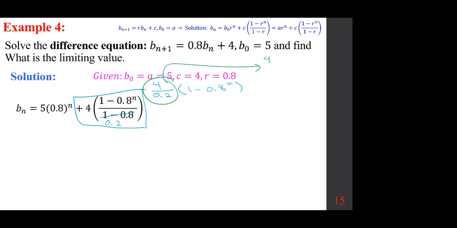What is 4 divided by 0.2? It is 40 divided by 2. So we end up with 20. Okay, everybody? Why are we writing it this way? This is ultimately to simplify it such that it becomes ready for the limit. That's the idea, class.